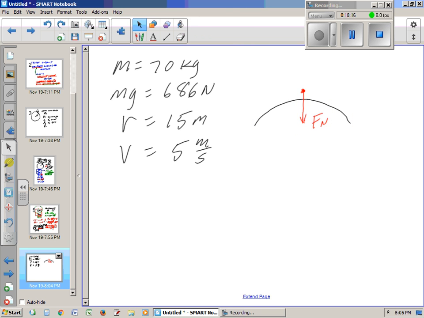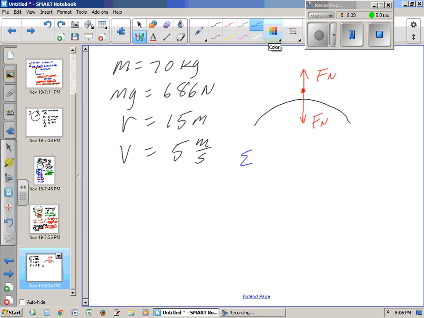Okay, so now we have to take a look at the normal. And the normal, because the guy feels lighter, this has to be smaller. Depending on how fast he's going, that could be just a little bit smaller than his weight, or it could be a lot smaller, or it could be 0, meaning he feels weightless. Okay, so let's do our second law calculation.